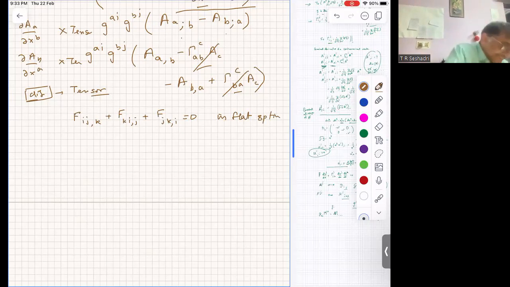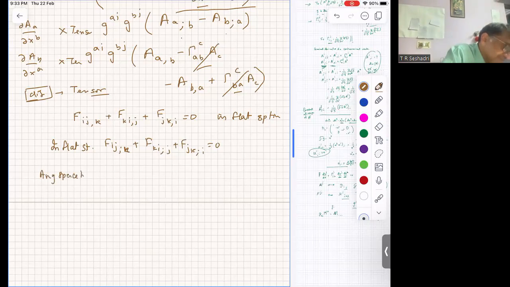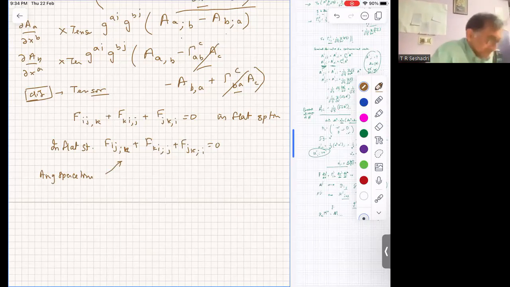In a general spacetime, this is Fij semicolon K plus Fki semicolon J plus Fjk semicolon I equal to 0. But now it is a tensor equation. So in any spacetime, I have this equation.